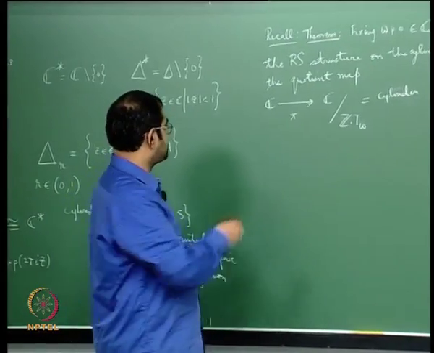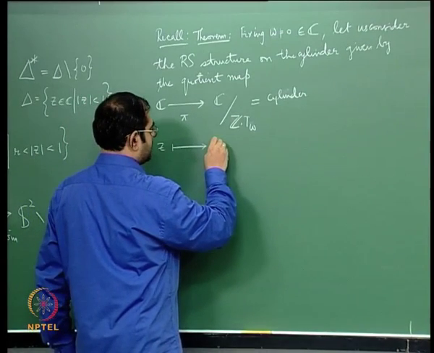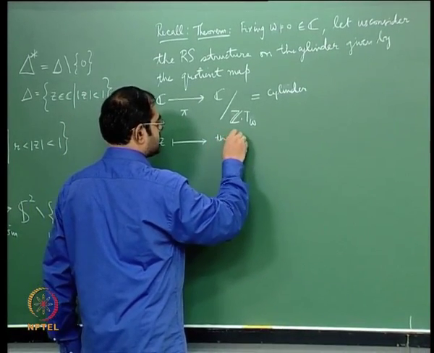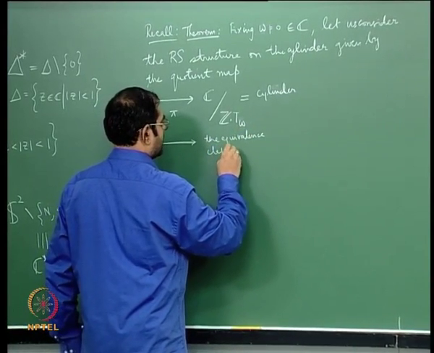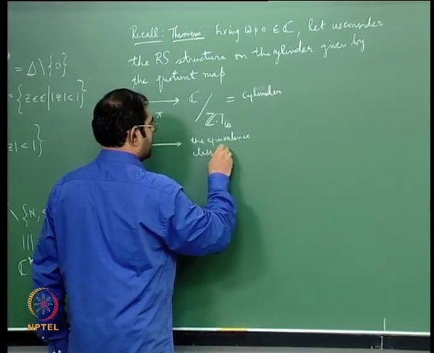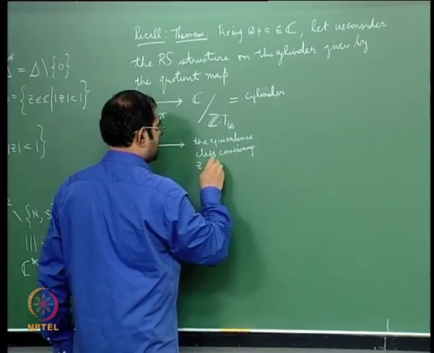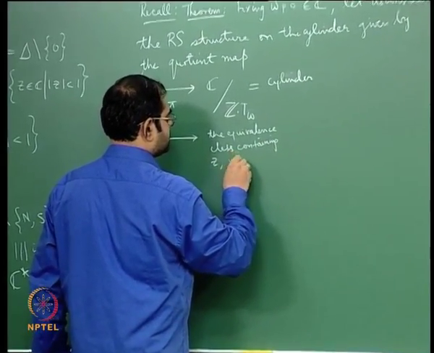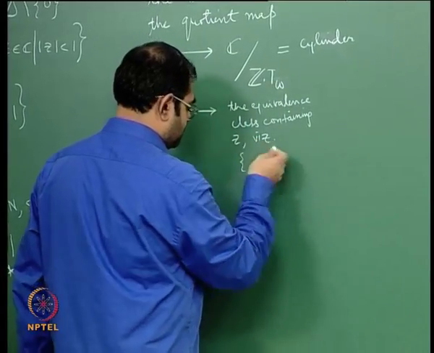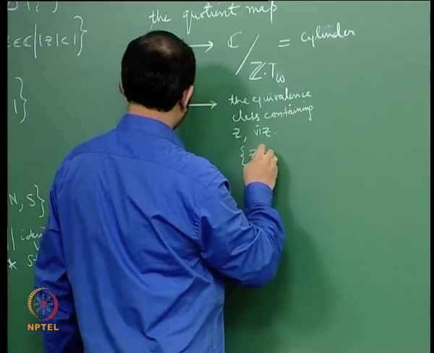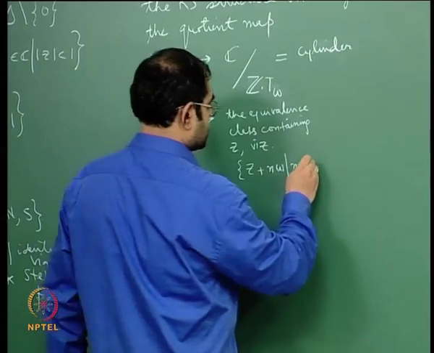Okay, so what is this map? This is just you send z to the equivalence class containing z, namely the set of all z plus n times omega, where n is an integer.